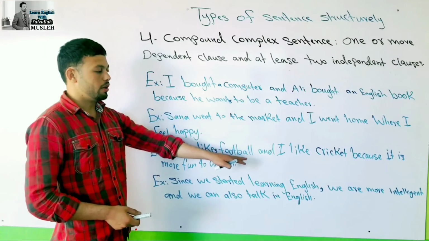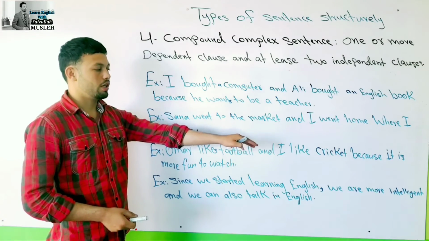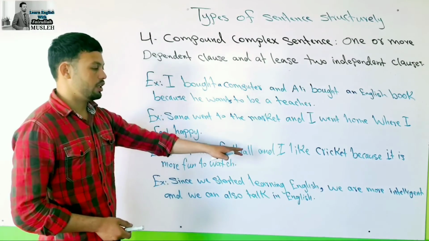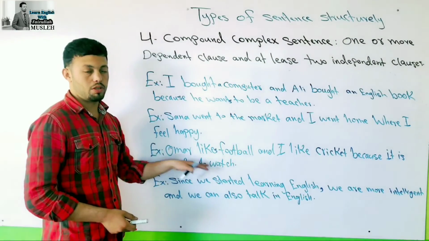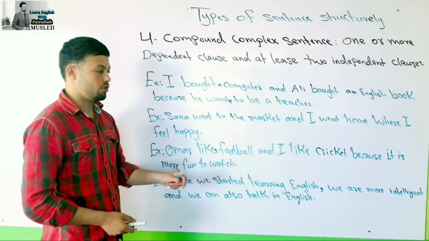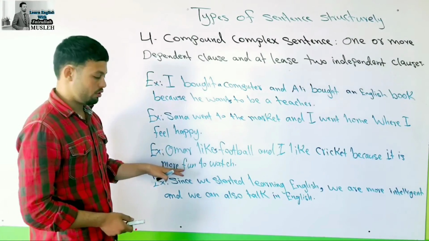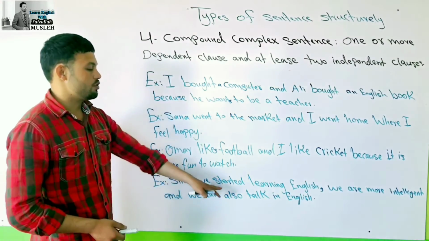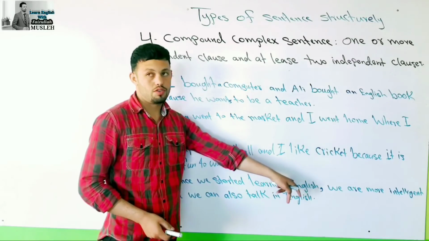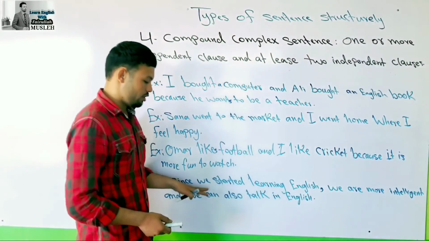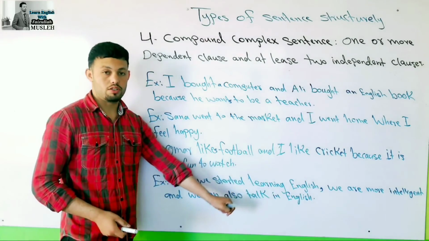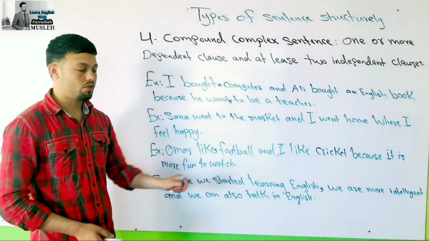Omar likes football and I like cricket because it's more fun to watch. Because it's more fun to watch. Cricket is more fun to watch. Since we started learning English, see there is a comma. We are more intelligent and also we can talk in English.